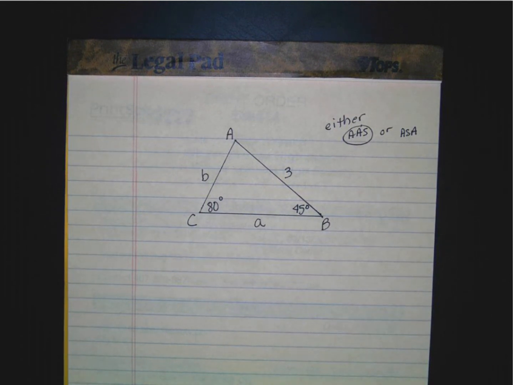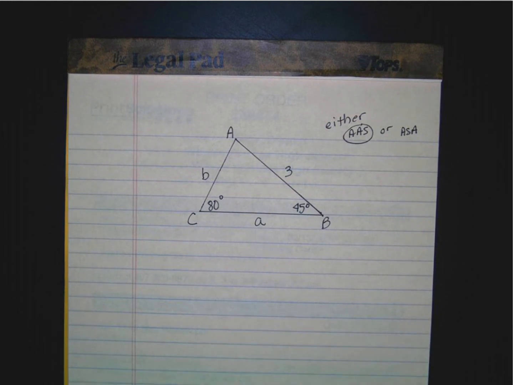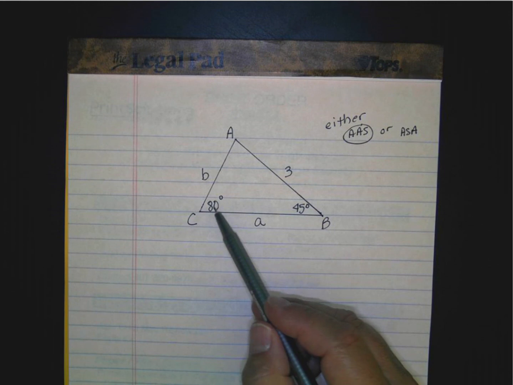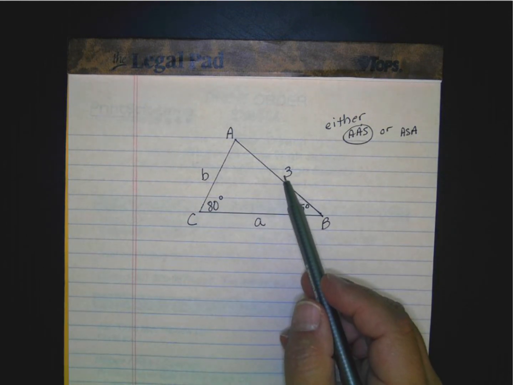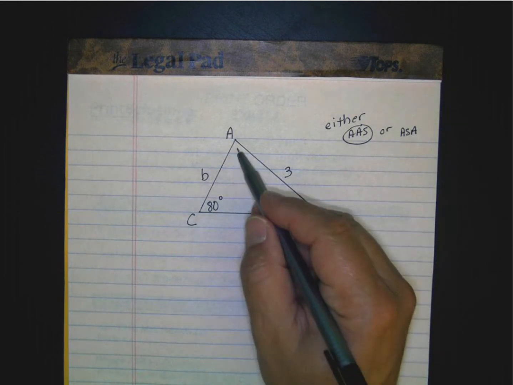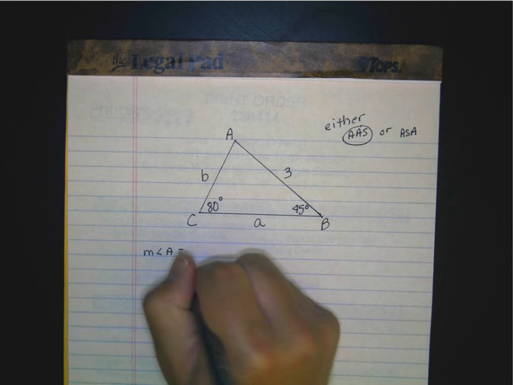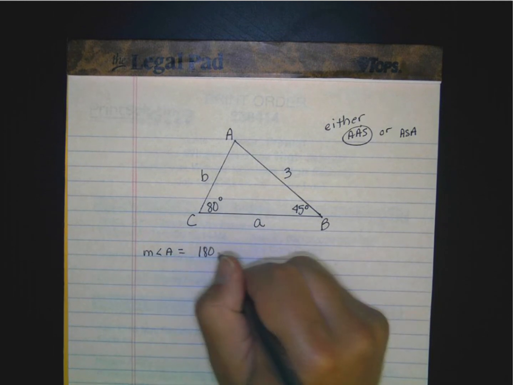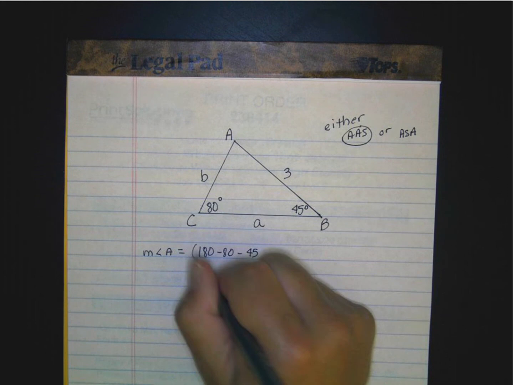So I want to find the missing pieces. What I do is I look at it. I always want to see, first of all, what angle I have. I have an angle here and its opposite side here, so that's going to be my centerpiece, and I'm going to use the law of sines. First, I can find this missing angle, angle A. The measure of angle A is going to be 180 minus 80 minus 45, in degrees.